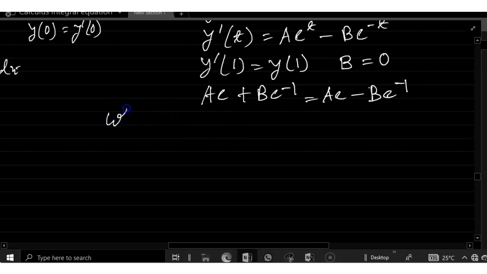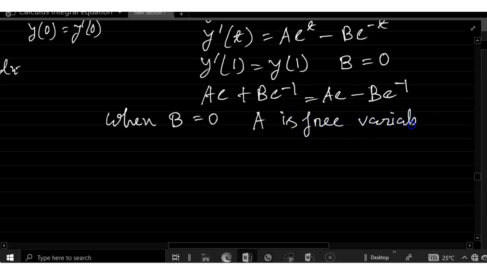So when b equals 0, a is a free variable. So yt equals a e to the power t, and so take a equals 1.